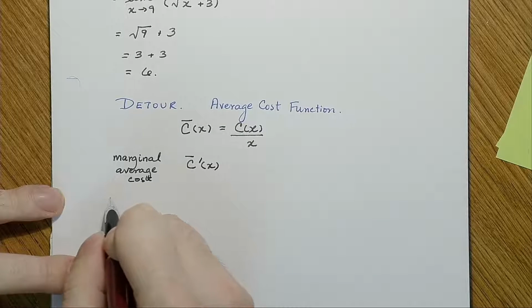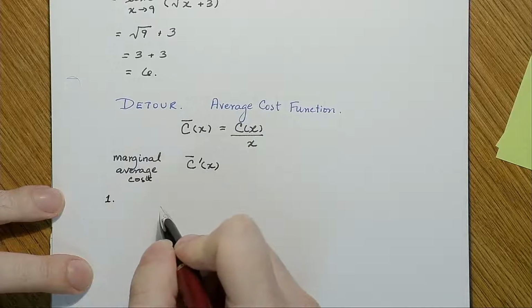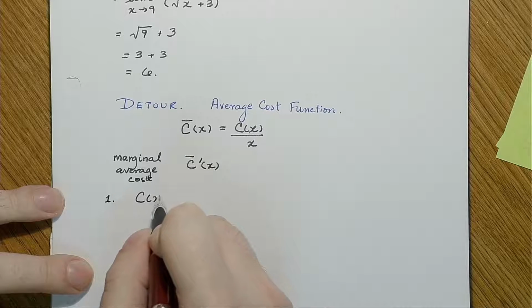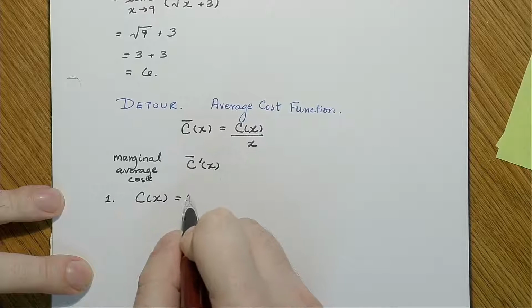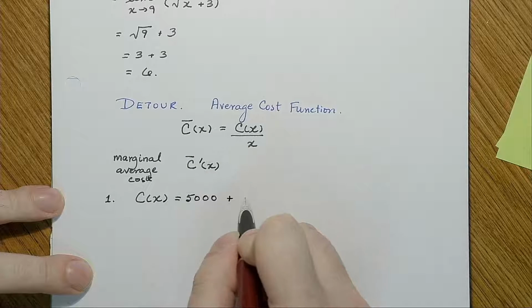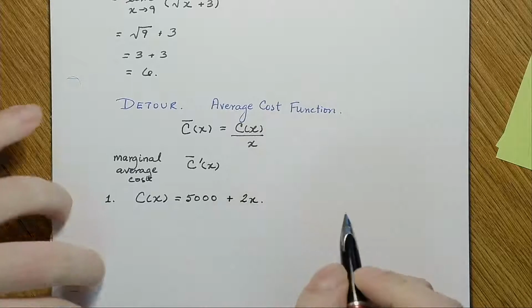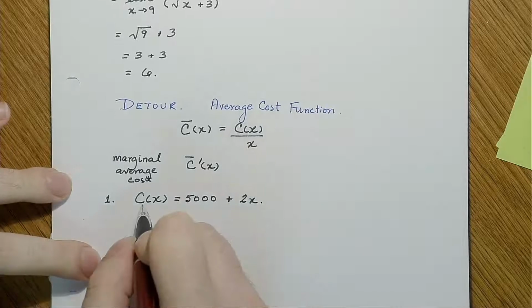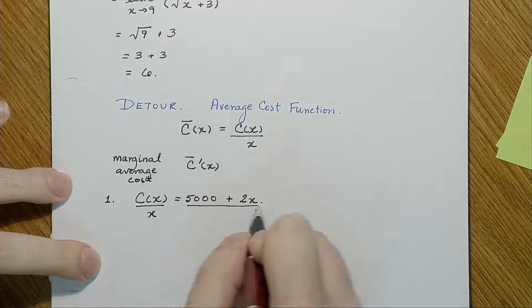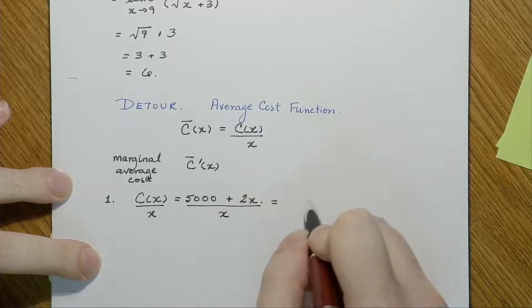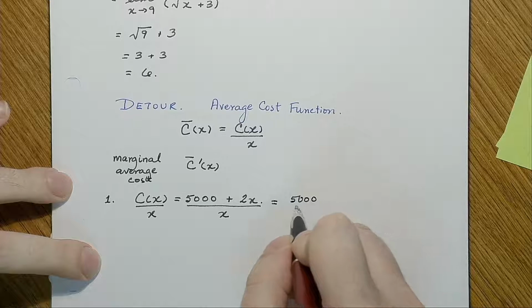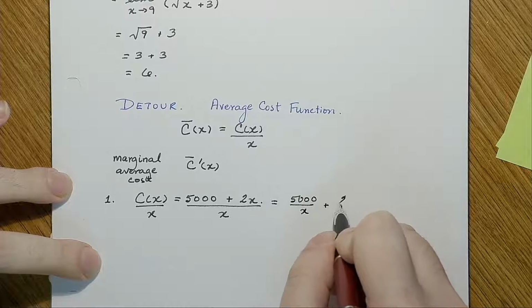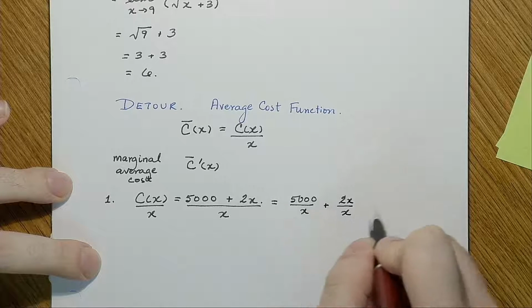So in the homework, we had question 1, and the cost function that we were given was 5,000 plus 2x. So then to find the average cost function, divide by x. So that equals 5,000 over x plus 2x over x.